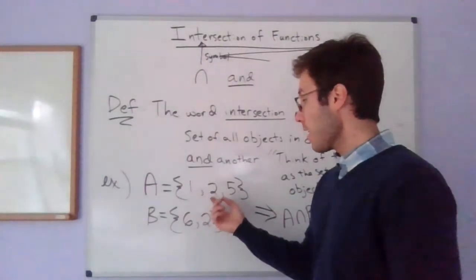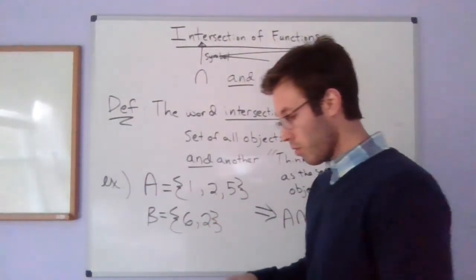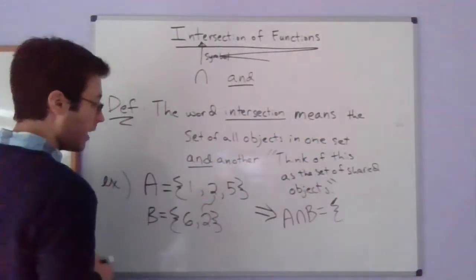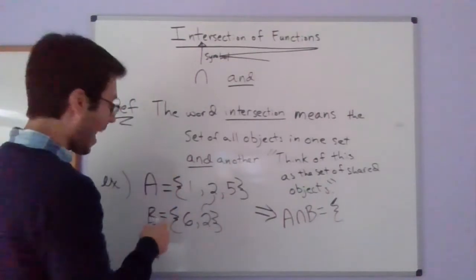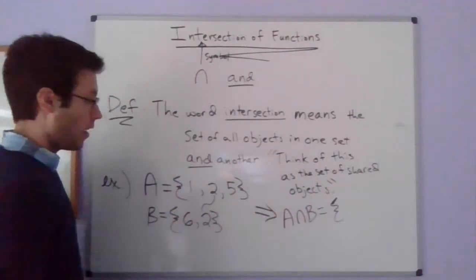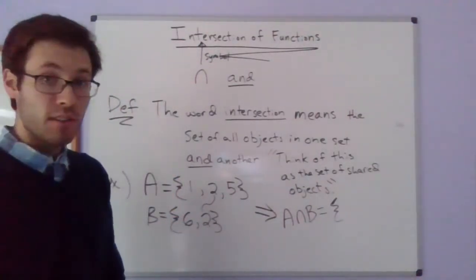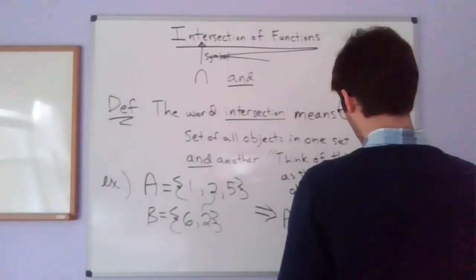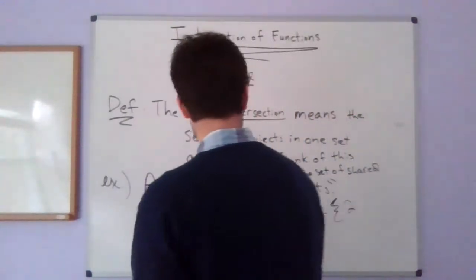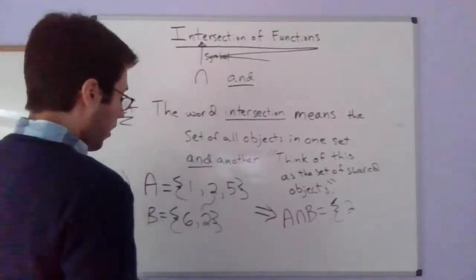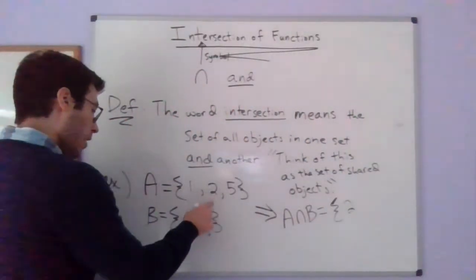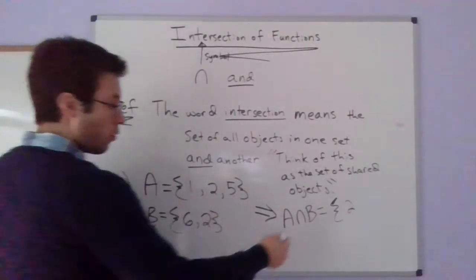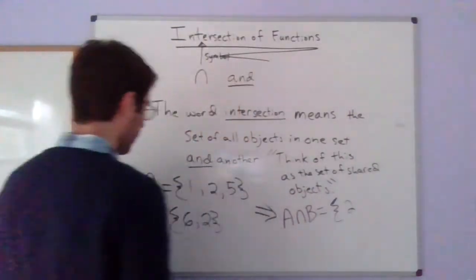However, when I go to the number 2, it does lie in both sets. It is in set A and set B, which means that it is an object shared between the sets, so it's in our intersection here. So it gets represented there. Now, since we're done with the number 2, we go on to number 5. I don't see the number 5 down here, which means it does not get represented here.